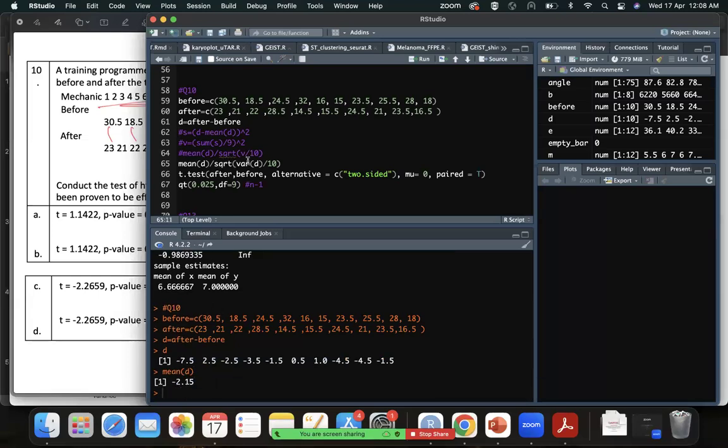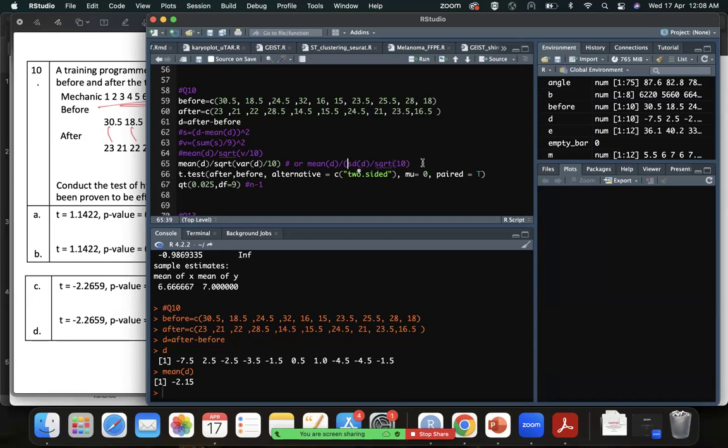So anyway, directly substituting it, D bar divided by square root of variance of D, your S square, divided by N. Or you can also write it as mean of D divided by S standard deviation of D divided by square root of N, which is 10.